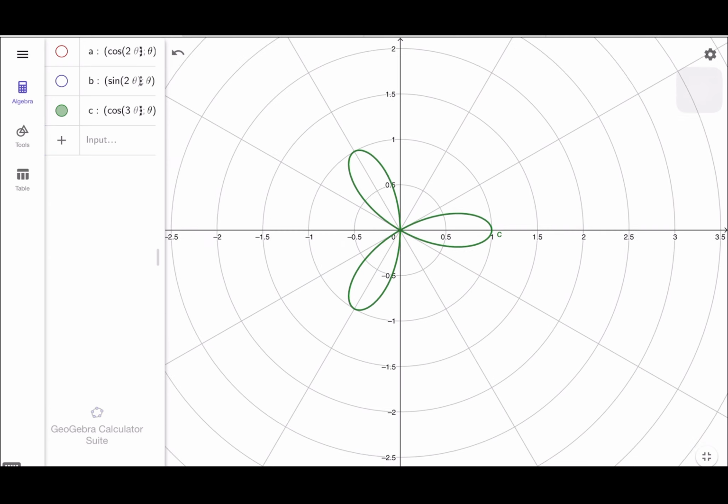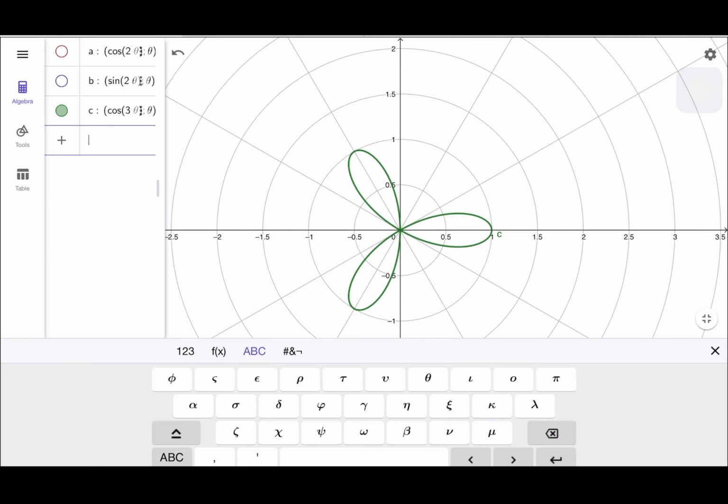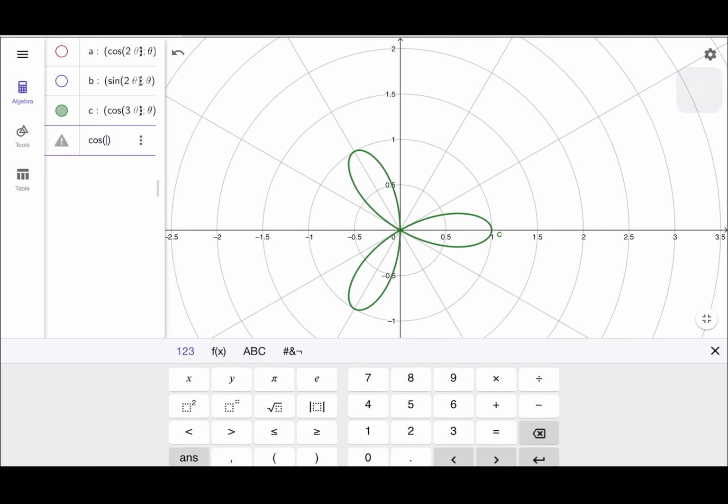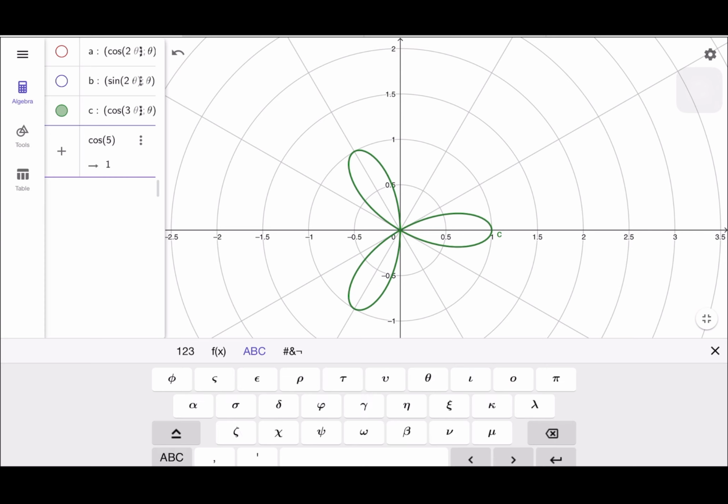Okay, now 3 is like that. Now let's try 5. It's much easier using this rather than drawing with your hands, right?